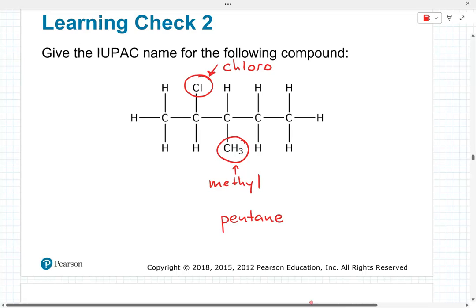When you select the numbering, the sum of all numbers should be minimal. You were right. It is 2 and 3. Okay, does that make sense? So 2-chloro-3-methylpentane, right?